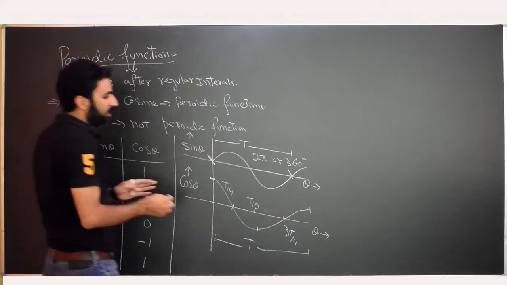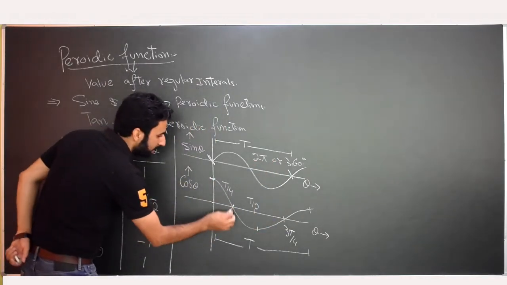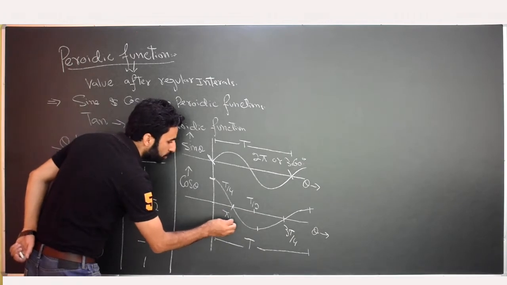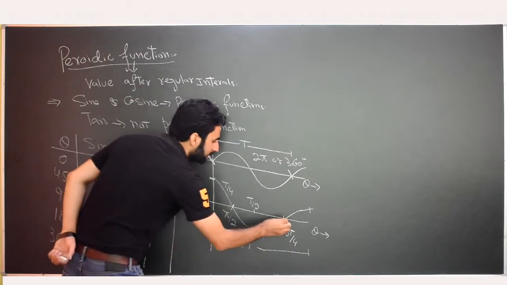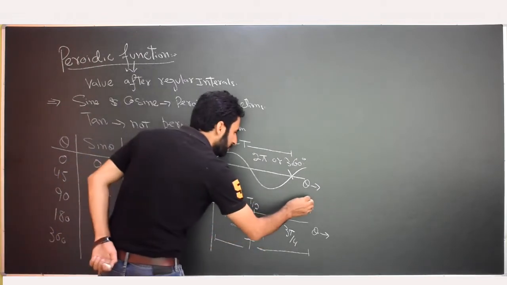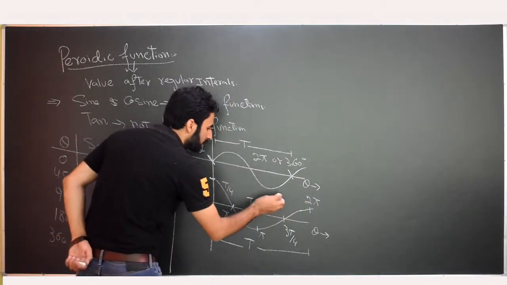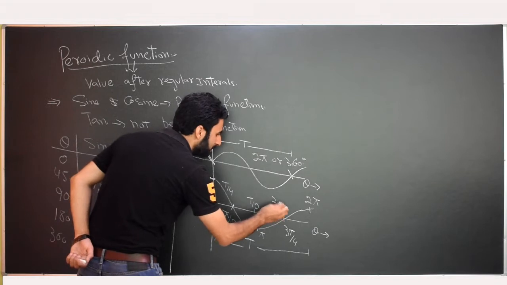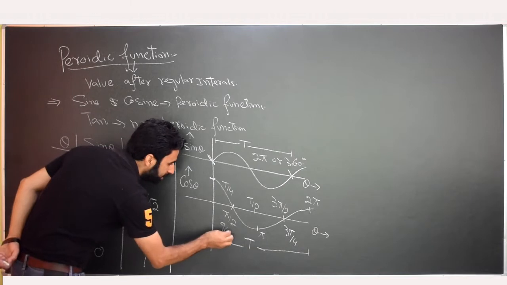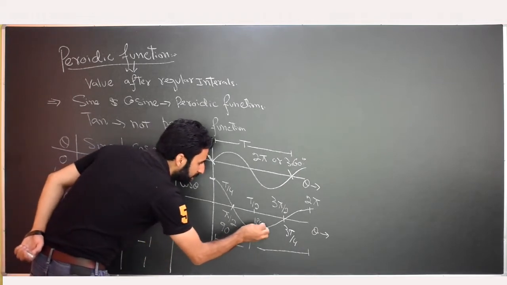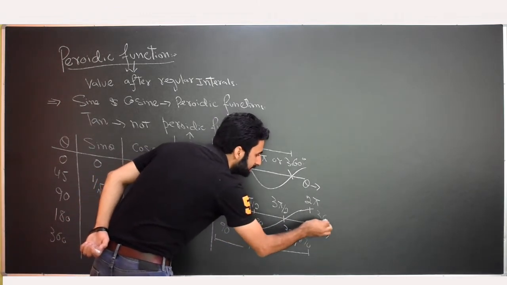Or in terms of angle, the total is 2 pi, so this will be pi/2, here pi, here 3 pi/2, and here 2 pi. Or in terms of degrees, you may write 90 degree, 180 degree, 270 degree, and 360 degree.